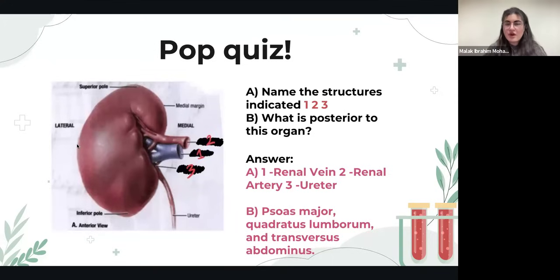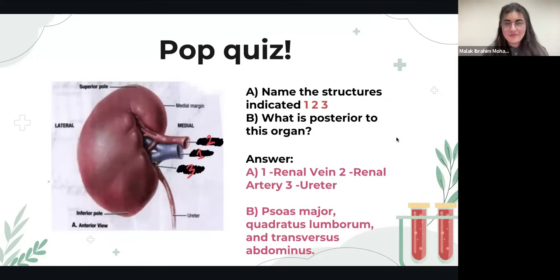Okay. So as I said, it would be positioned in a way in which the most anterior structure would be your vein, and then the artery, and then the ureter is the most posterior one. And this is why it's very important to know this in order to be able to differentiate whether this is a right kidney or a left kidney. Can someone tell me whether this is a right kidney or a left kidney?